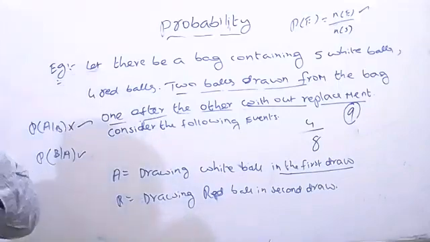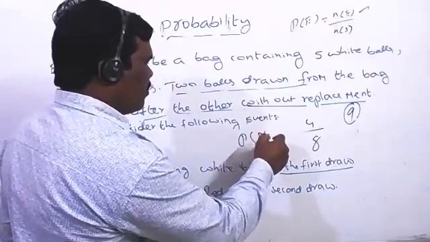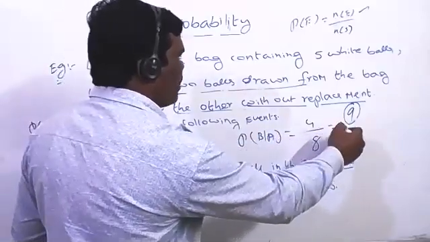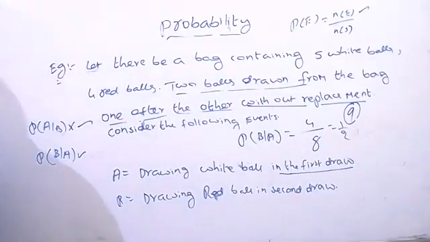So therefore, probability of B by A is equal to 4 by 8, which is equal to 1/2.